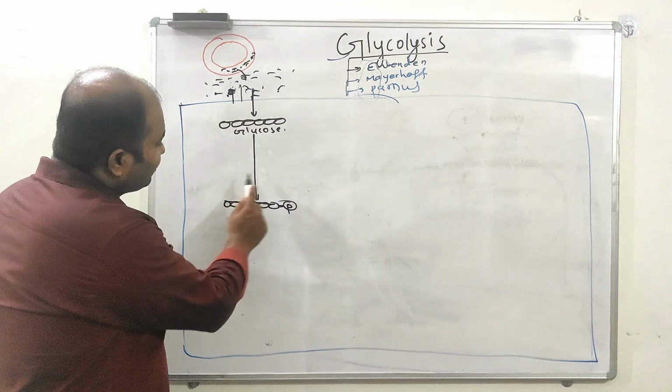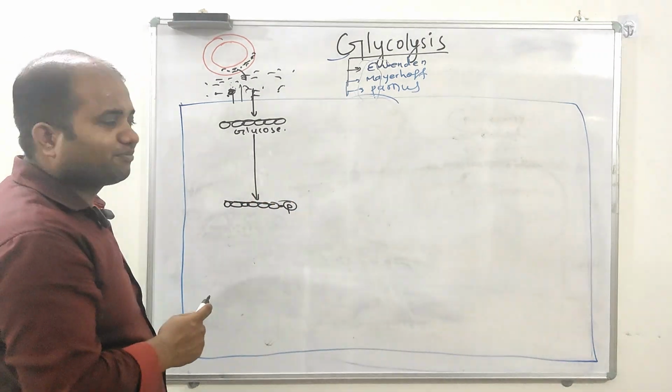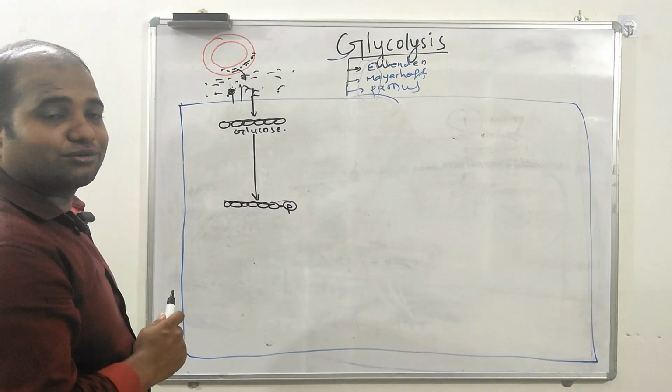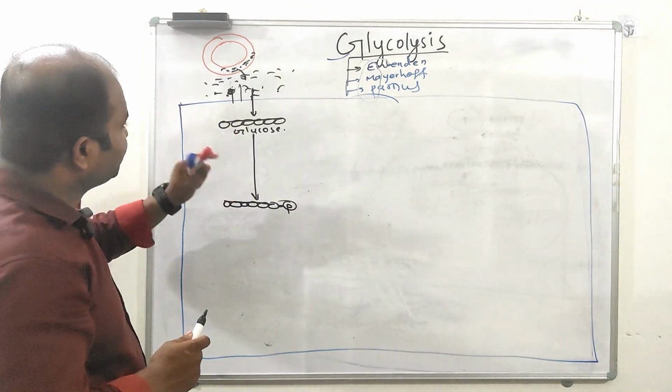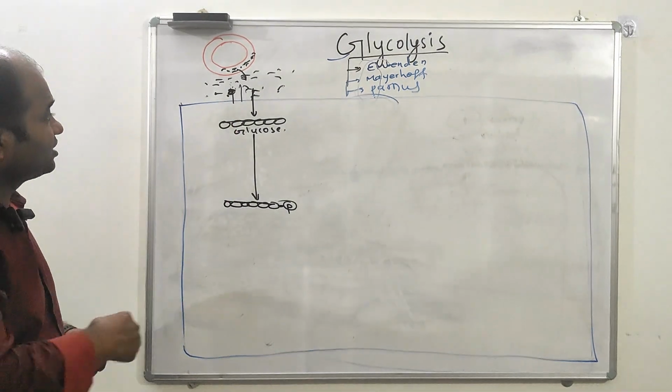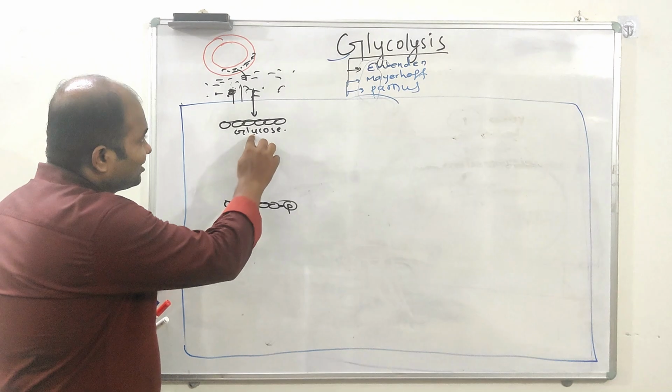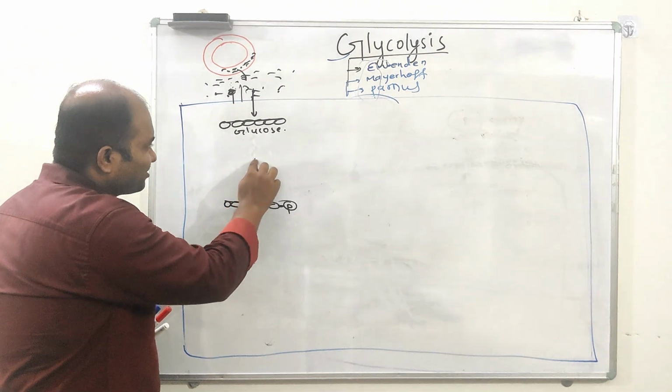Once this product becomes trapped, the cell has to decide what to do. But let's first see these steps in detail. Let me draw with this red color, because this step is very, very important.